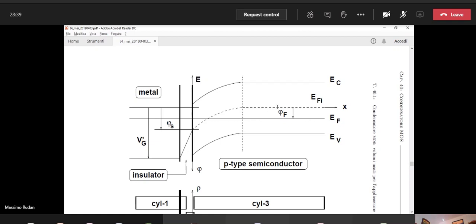So the assumption for the moment is that the zero of the electric potential coincides with the horizontal part of the dashed line, that is the mid gap, on the right part of the figure. This line is also continued by the continuous line on the left. So the continuous line on the left, that I'm indicating now with the mouse, is the reference of the electric potential. It is the zero of the electric potential.